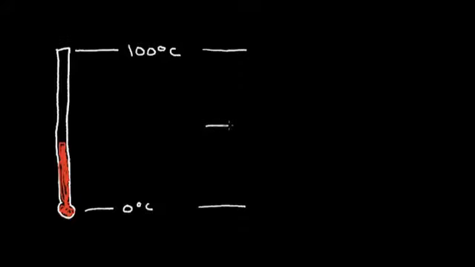I'm going to draw the midpoint at about 50 degrees centigrade. And if I have a digital 1, I can say I'm in this region of the thermometer. If I have a digital 0, I'm in this region. But this is not a very accurate thermometer. It just tells, am I in the cold zone if it's a 0, or in a hot zone if it's a 1. So 1 bit isn't going to make a very good digital thermometer.